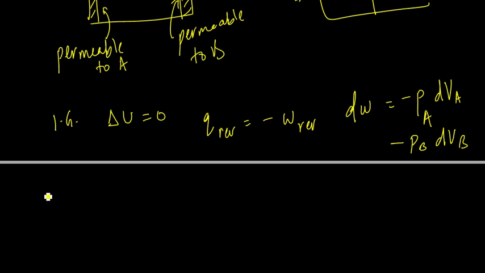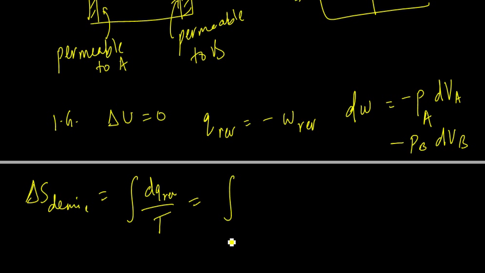So then I need to calculate the delta S of demixing, which is nothing but integral of dq reversible by T, which is minus of dW reversible by T, which would be starting from volume V and going to volume VA in the case of gas A, PA dVA. I have gotten rid of the minus sign because dq would be minus dW, right?